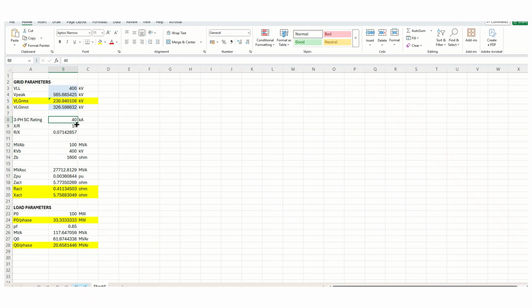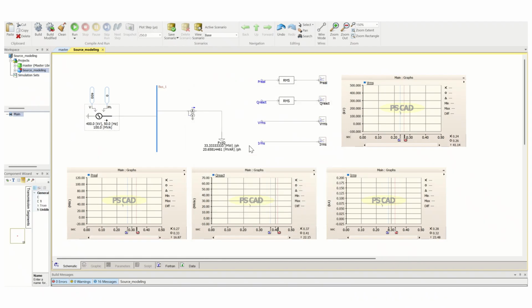We'll change this short circuit current value and see what the impacts will be on this load: what will be the real power or reactive power, and what may be the changes in this grid bus voltage. We will do that exercise in this video.